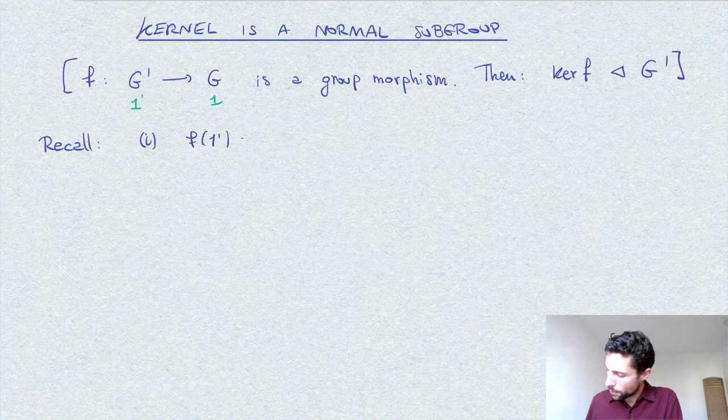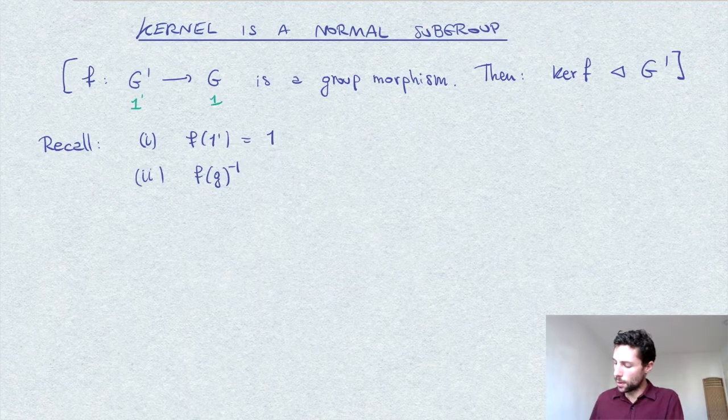So f of 1 prime is equal to 1. Moreover, the inverse, so to speak, passes inside the brackets: f of g inverse is f of g inverse.